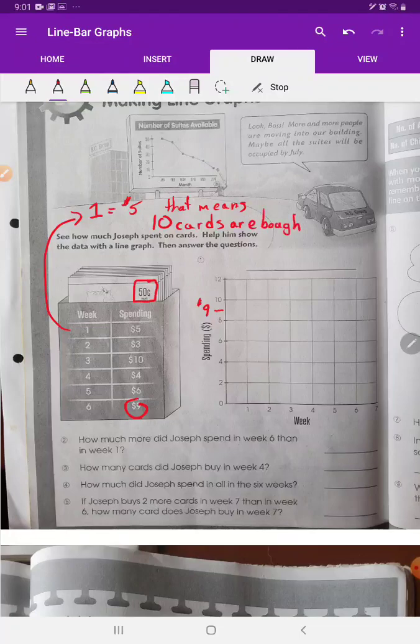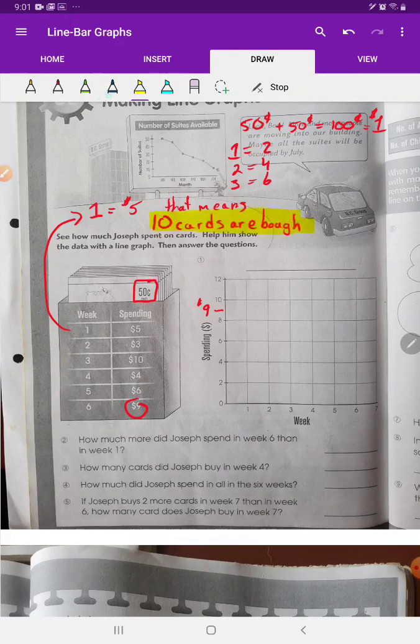All right, 50 cents plus 50 cents equals 100 cents, which is the same thing as $1. $1, okay? So 50 cents plus 50 cents equals $1. So if I spend $5, I buy, for $1, I get 2 cards. For $2, I get 4 cards. For $3, I get 6 cards, etc. So by the time I get to $5, I have bought 10 cards.